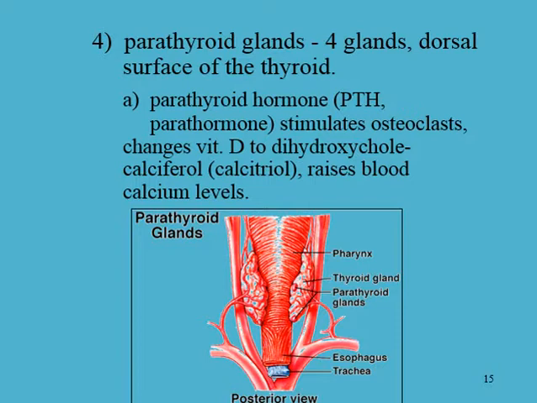Parathyroid hormone does something else. It stimulates your kidneys to change vitamin D into a hormone that has a really long name. Dihydroxycholecalciferol. I don't care that you know that. Right? Dihydroxycholecalciferol would be great for Scrabble, though, wouldn't it?